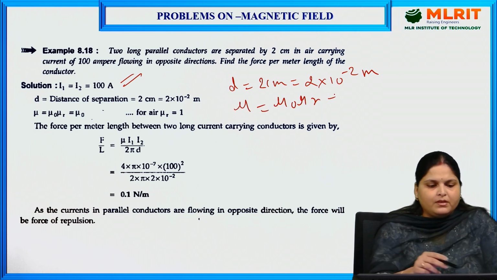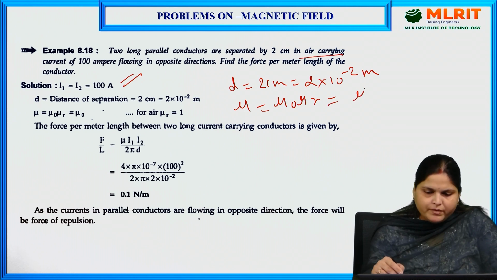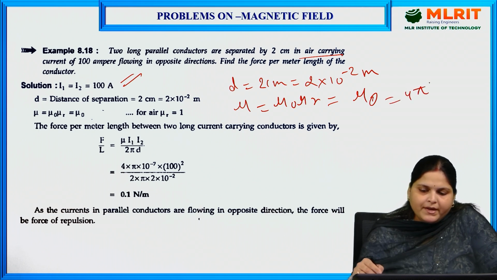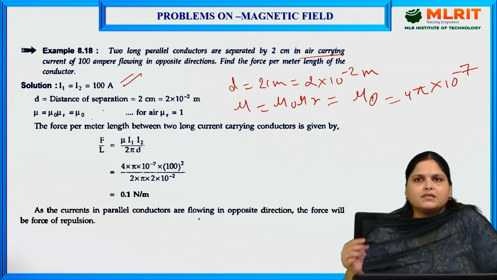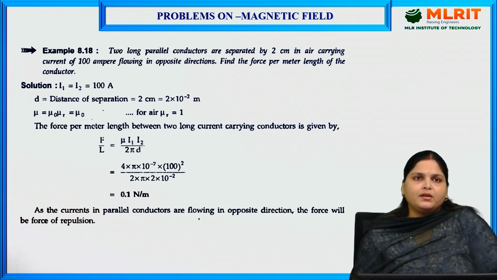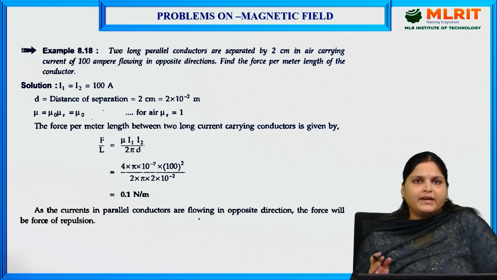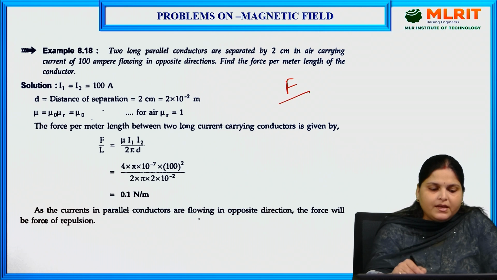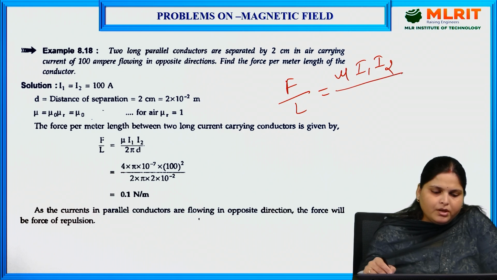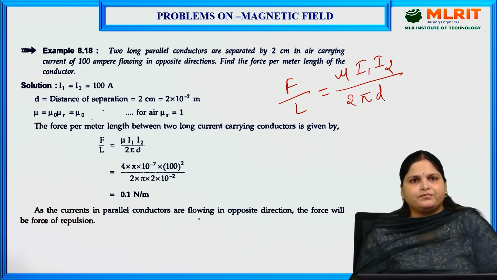Because the medium is air, mu r will become 1, so mu is equal to mu naught, whose value is 4 pi into 10 to the power minus 7. Now, the formula of force per meter length between two long current carrying conductors is F by L is equal to mu I1 I2 upon 2 pi D, right?